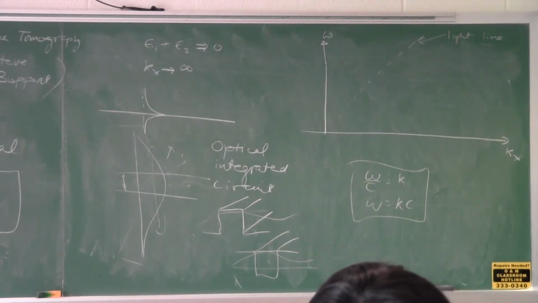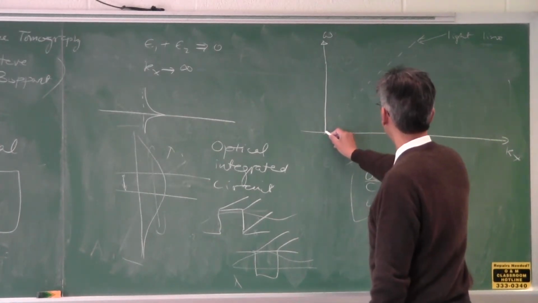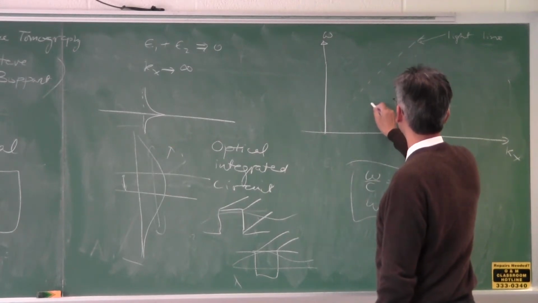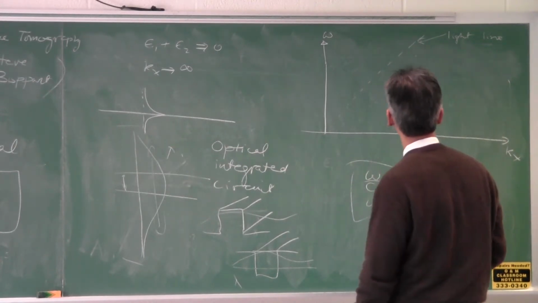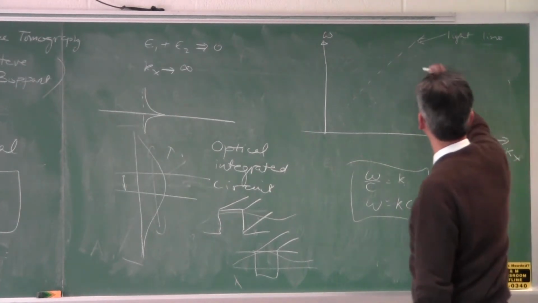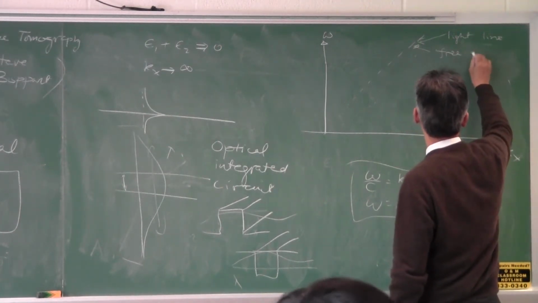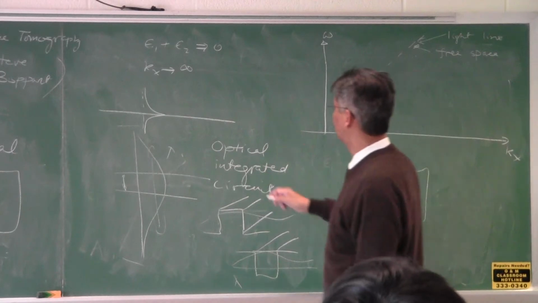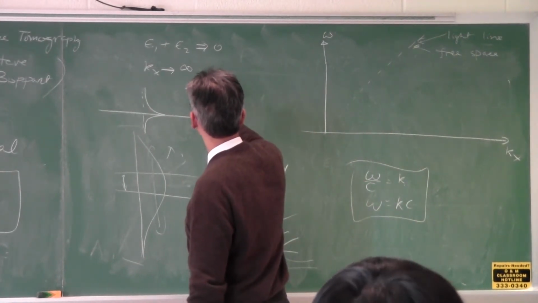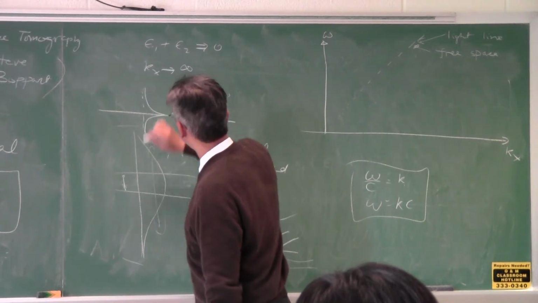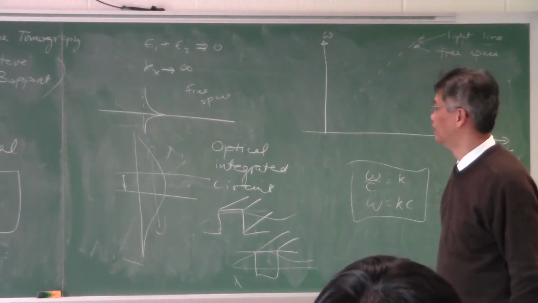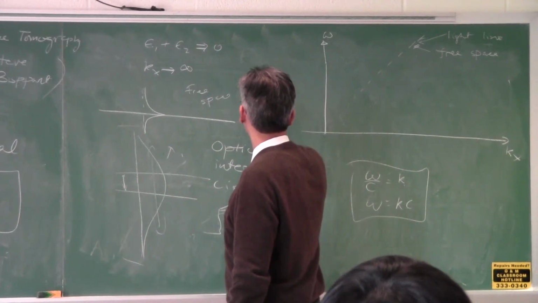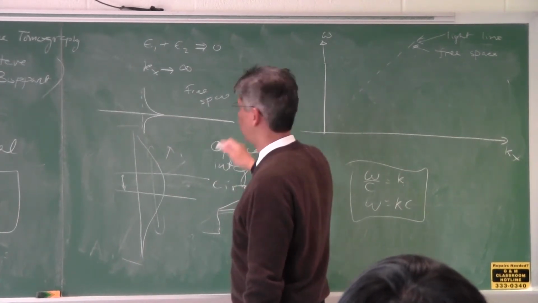If there's no confinement, there's no guidance, okay? But now if you were to want to have confinement inside a certain region, then the wave has to be slower than its environment. The light line is that of free space. So in order to have something guided, if this is free space up there, in order for this to be evanescent up there, okay, kx has to be larger than k naught, that of free space.